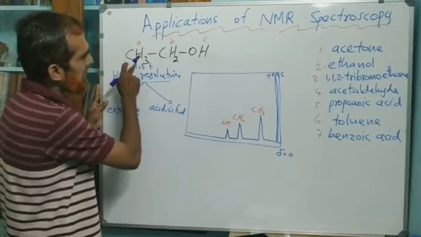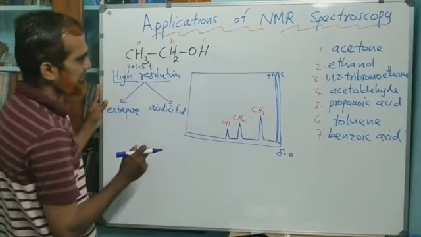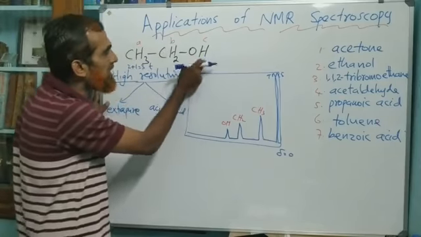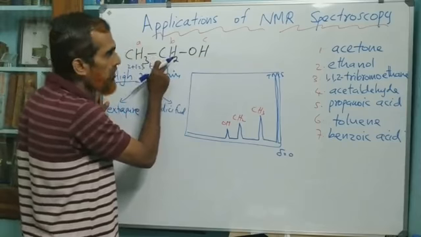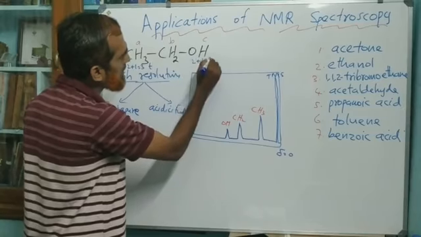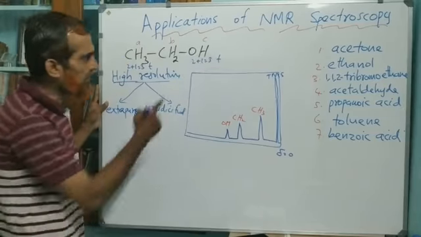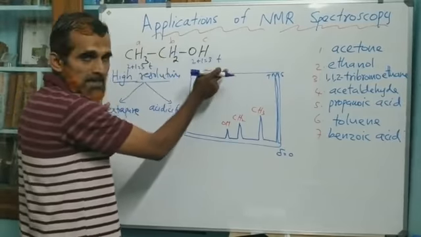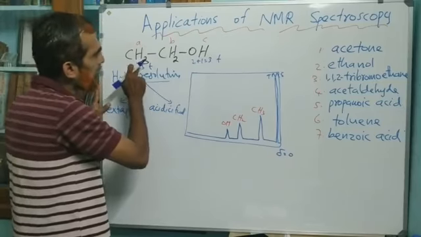In extra pure, we get complete splitting. So as I said, this will be a triplet. Now, this OH proton signal is split by CH2 into how many? In the same way, 2 protons are there, so 2 plus 1 equals 3, another triplet for 1 proton. Finally, CH2 is split from both sides. You can see 3 protons here, 1 proton here.